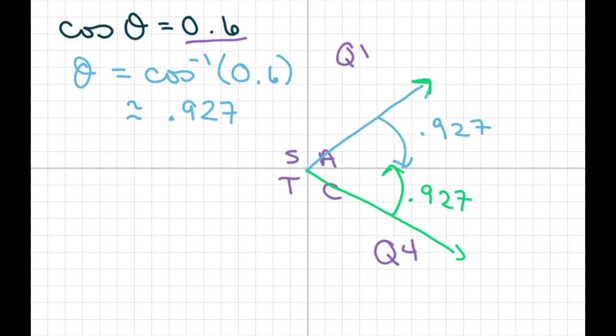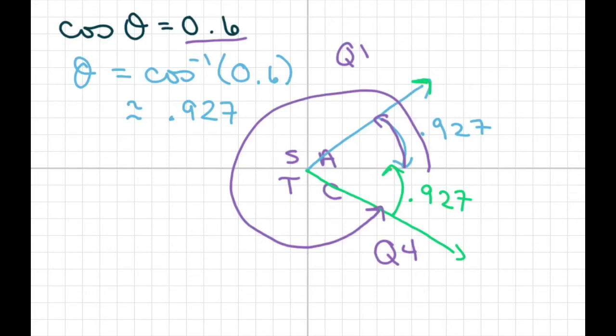The part we want is this whole part from here to there. So all we merely do, since this is 2 pi here, we take 2 pi minus 0.927, and we get approximately 5.36.